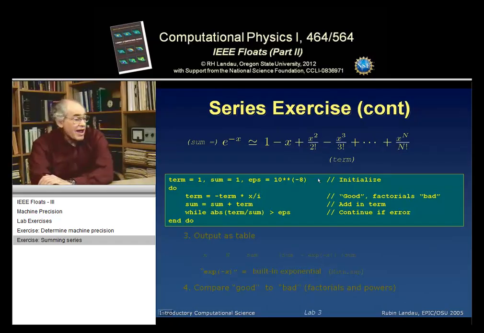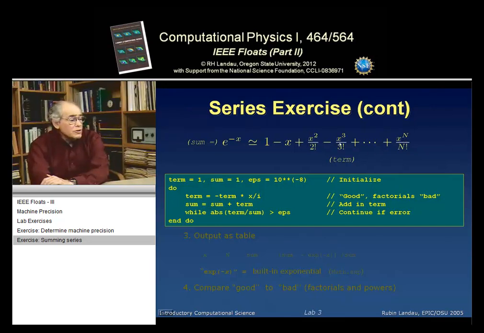Okay. Now, let's look at this series up above, the mathematical equation, and let's look at the code. As we've mentioned in the book, the best way to compute this is not to compute n factorial, because n factorial is very, very large. It may overflow, and x to the n may overflow.